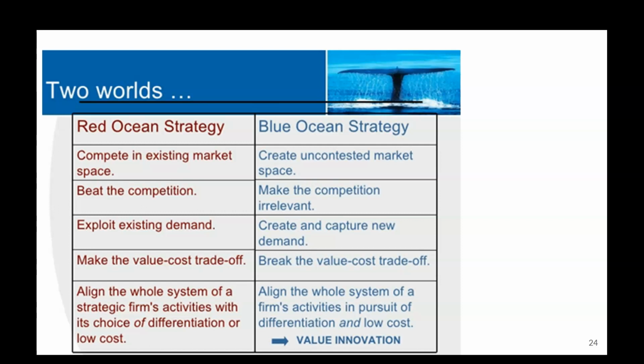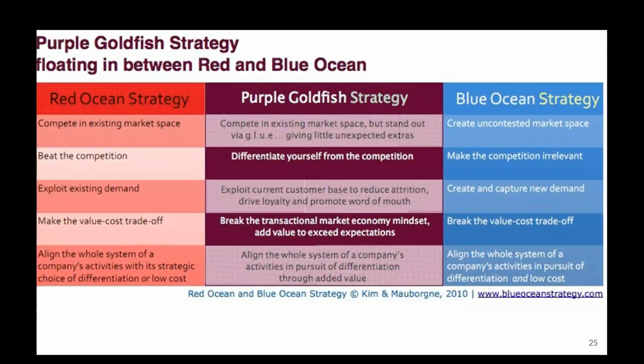But the authors of this concept have kind of mixed them. If we had red and blue mixed together, we'd come up with purple. And so they have a purple strategy that's outlined here that I think is more reflective of what more companies can really achieve. So we won't get completely uncontested market space, but we can compete in an existing market space, but have something that gives extra to our customers that differentiates us in some way from our competition.